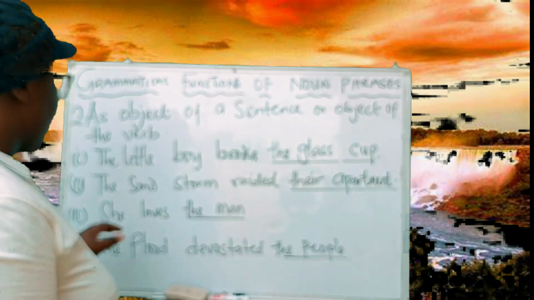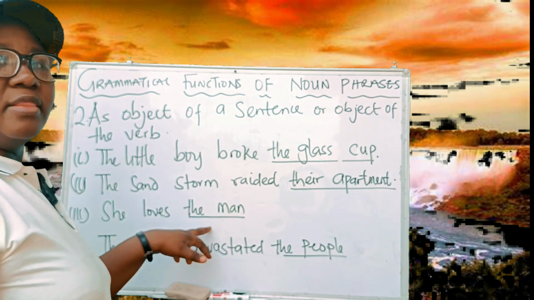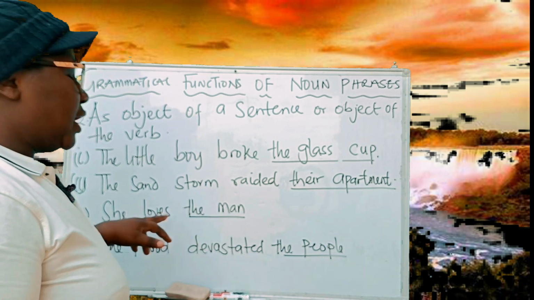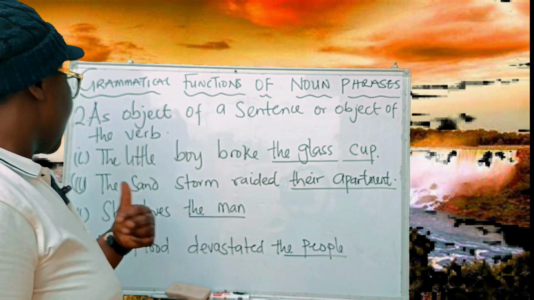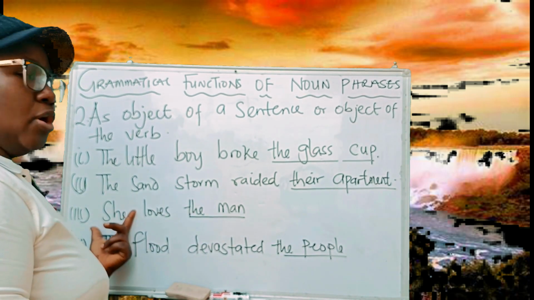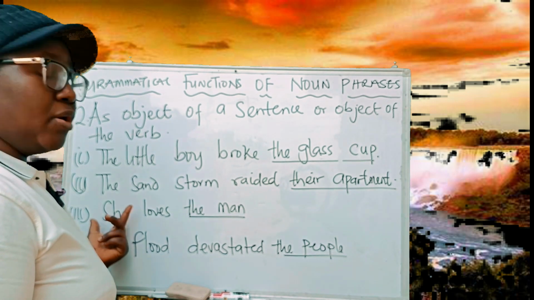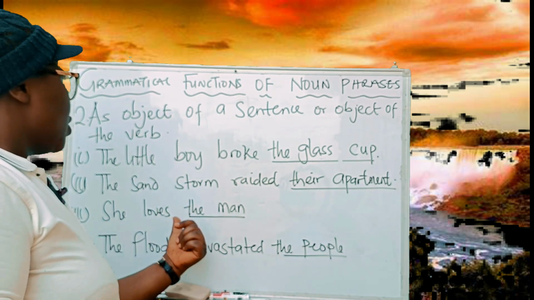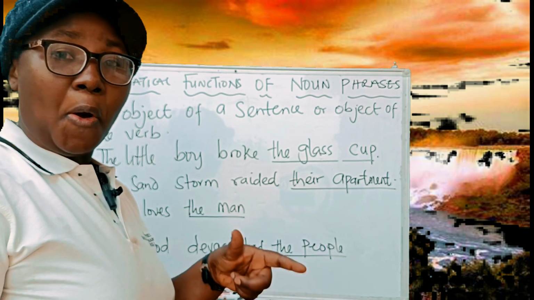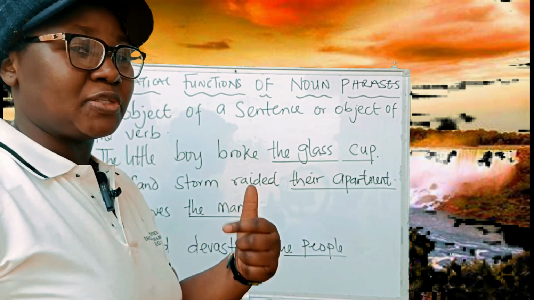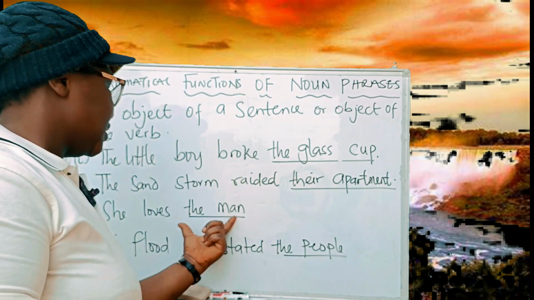Then number three, we have: she loves the man. Here we see that she is a subject, also an NP, although a pronoun, and then the person that enjoys the action of the subject is called the object, which is the man.